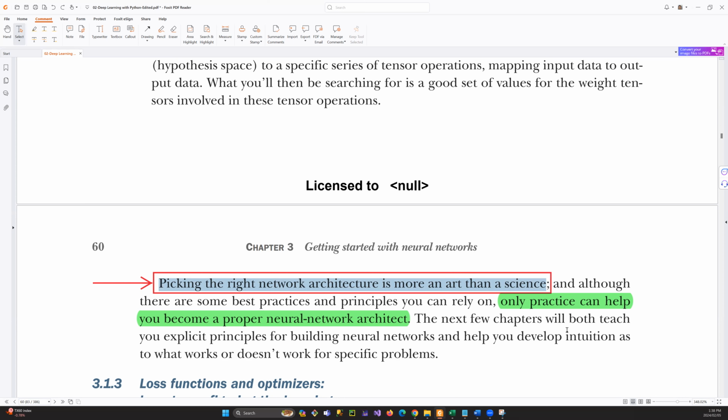Second, because this is the gist of it: if you want to apply for similar data engineer or data scientist positions, they want you to show what you are capable of by showing the certificates that you have in the field plus the projects, and if you can provide any co-op or any relevant job that you have done in the real world. So only practice can help you become a proper neural network architect.